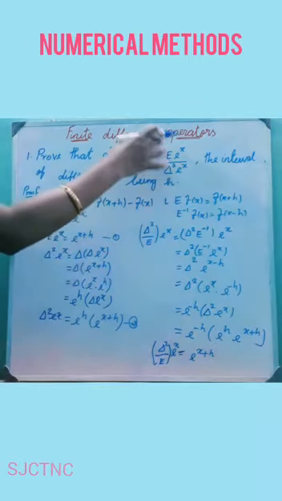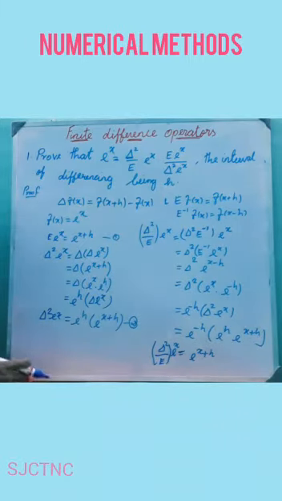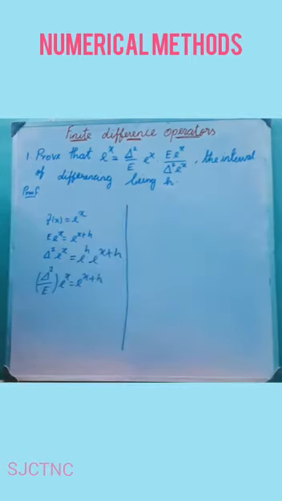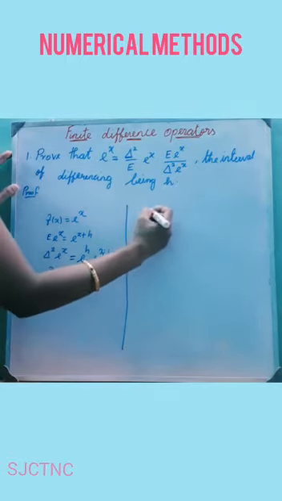Now combine these values. We have the answers for the separate operators: e power x is e power x plus h, del square e power x is e power h into e power x plus h, del square divided by e into e power x is e power x plus h. Now combine these values.